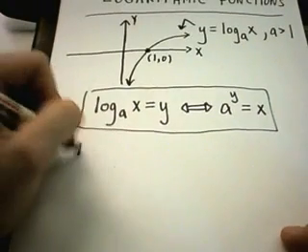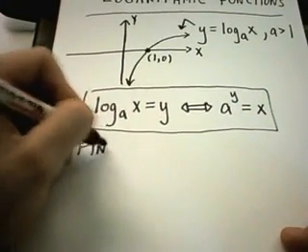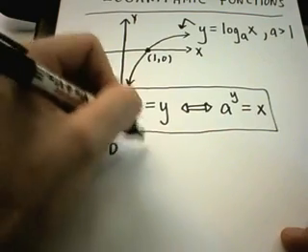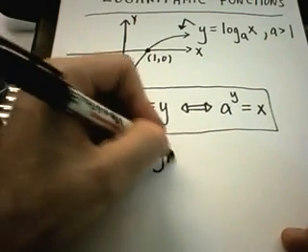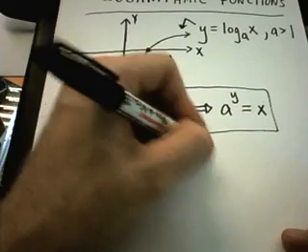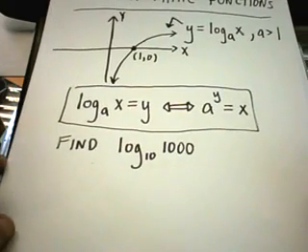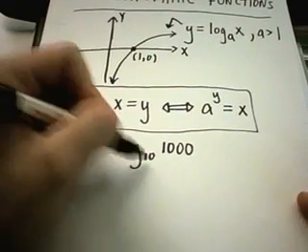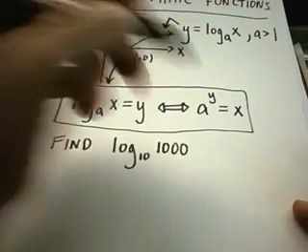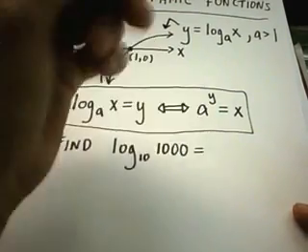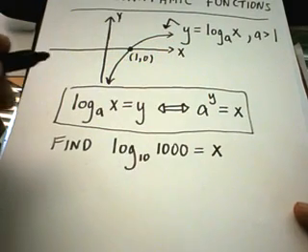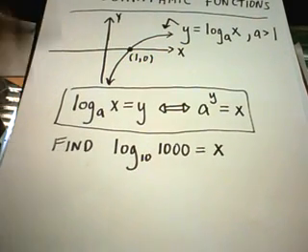Suppose somebody said find log base 10 of 1000. Alright, well, log base 10 of 1000 is just some number. I'll call it x. I don't know what it is.